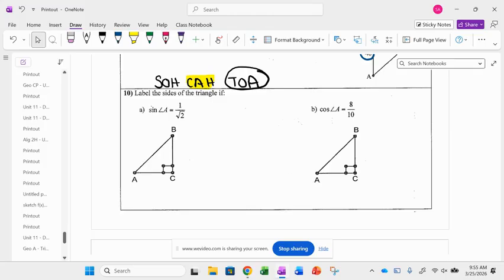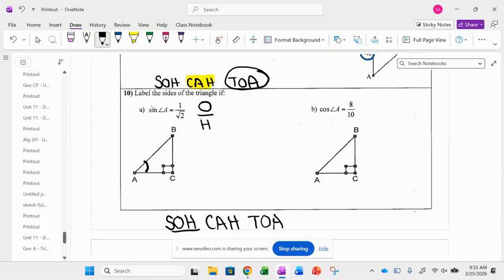Okay, label the sides of the triangle if the sine of angle A, so what are they referencing this all to? Angle A. So the sine of angle A is 1 over the square root of 2. So I go back to that special word, SOHCAHTOA. And I know they're saying sine, so that means opposite over hypotenuse.